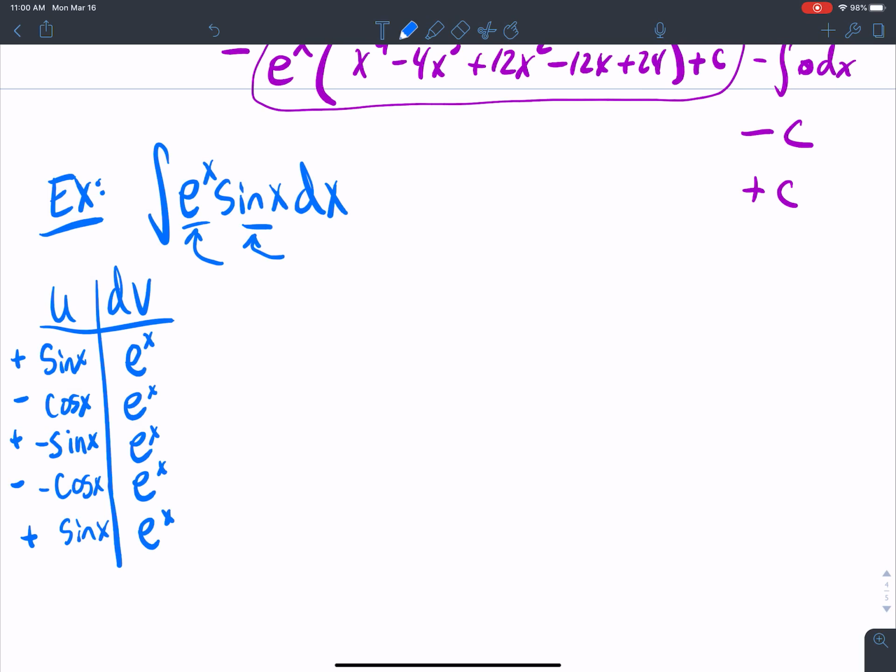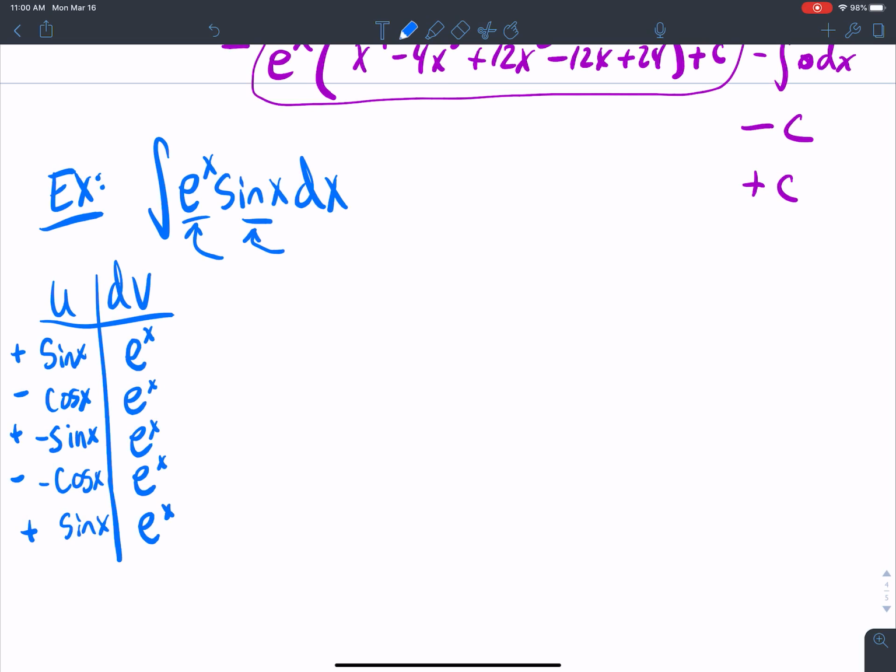So what you're gonna do when you have a repeater is you look and you say, okay, on the first row, I had a sine x e to the x. That's what I have for my integration. I want to look at each row and say, is it just the same as sine x e to the x or off by a constant multiple?